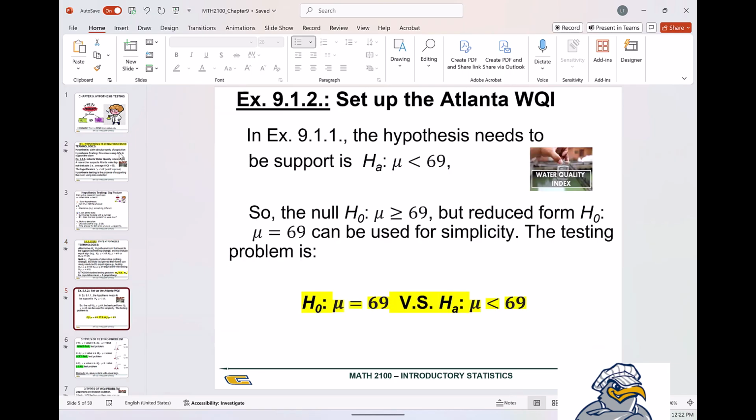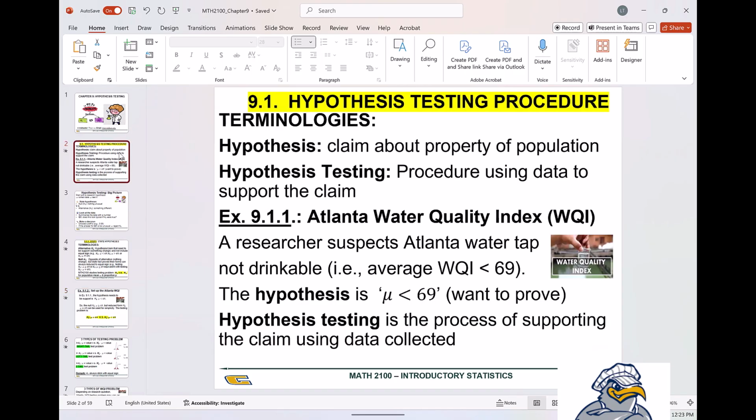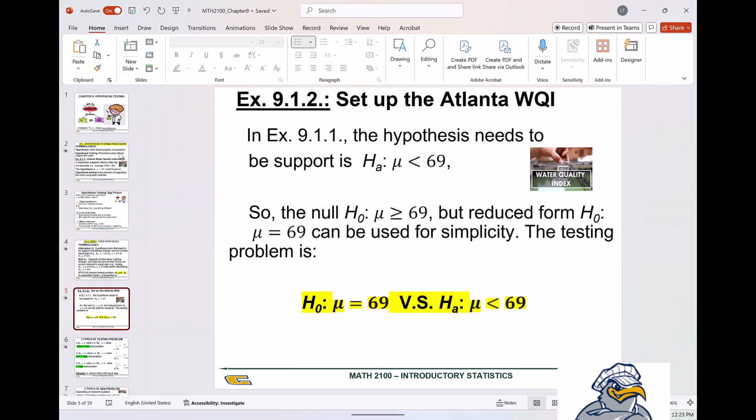So we look back at the Atlanta water quality index problem. In this example, the hypothesis the researcher wants to support is mu less than 69, right? Which means the null, just the opposite of that, is mu greater than or equal to 69.